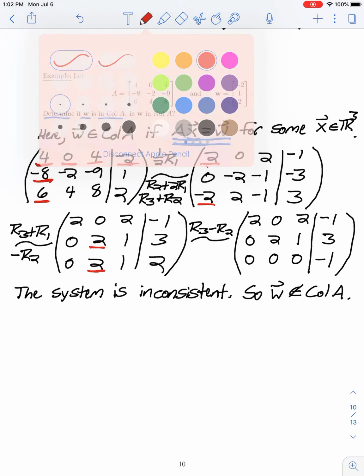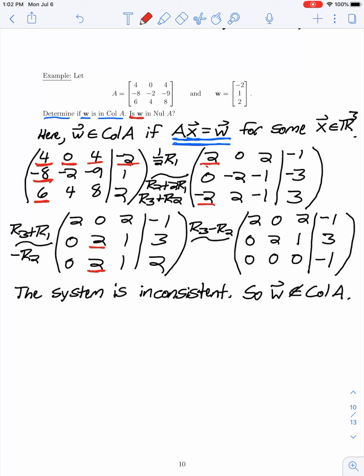Now, the second part of this example asks us to determine whether w is in the null space of A. So recall that to determine if a vector is in the null space, we multiply the matrix A times w and see if we map to the 0 vector. So let's consider A times w.